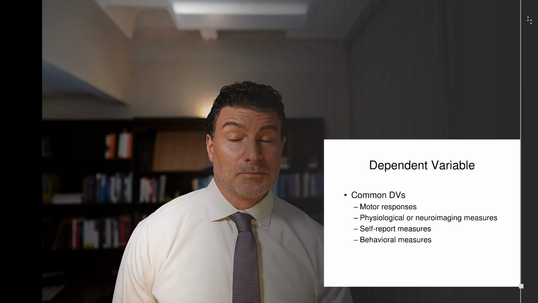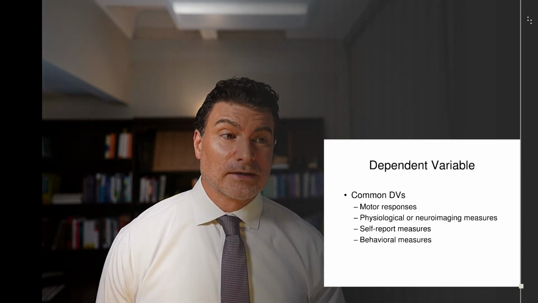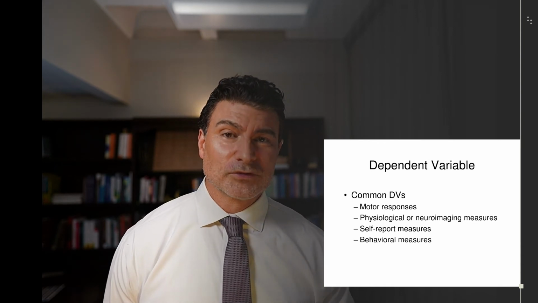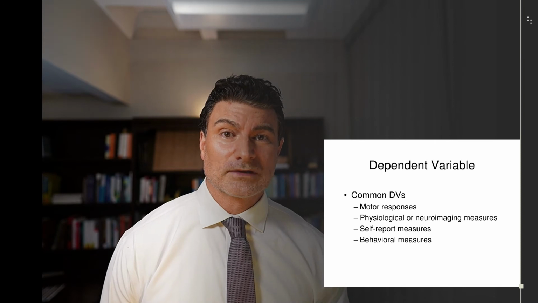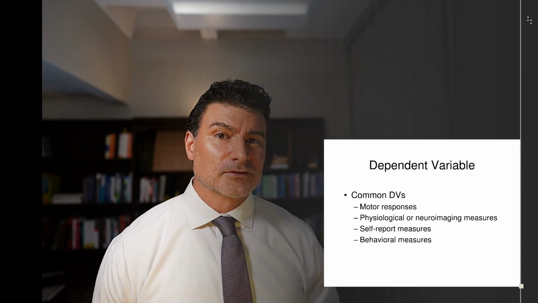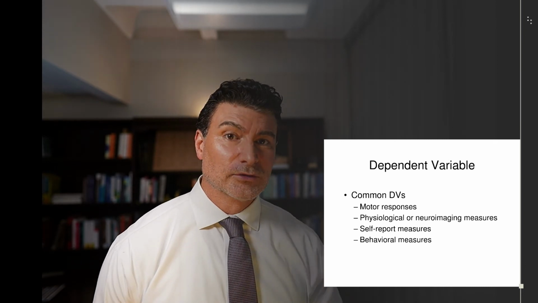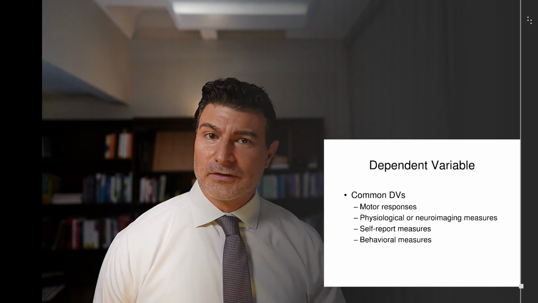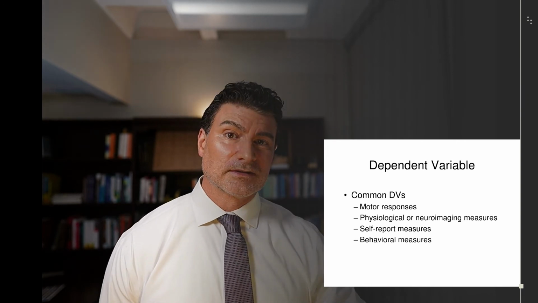Again, I mentioned behavioral measures, but we could also measure reaction time, so motor responses. So we display things on the screen. We can measure how quickly people respond. The implicit association task gets at that, how quickly we respond to categories, and that gets at our gut reaction to things. So that's another good dependent variable that we might use besides self-report.